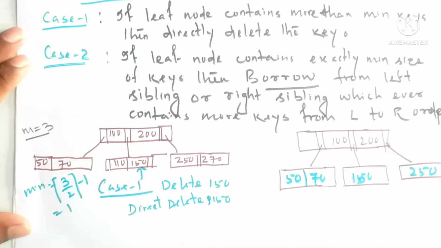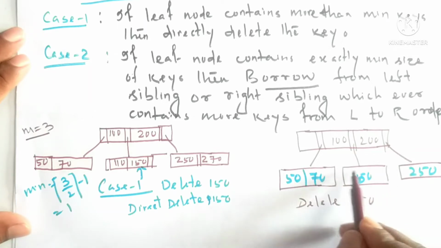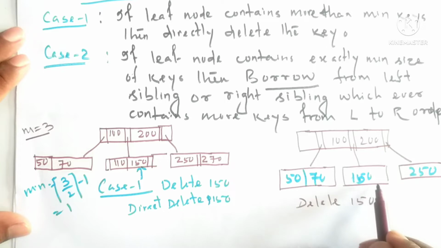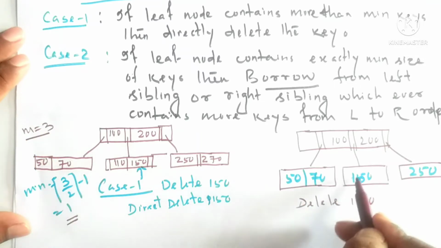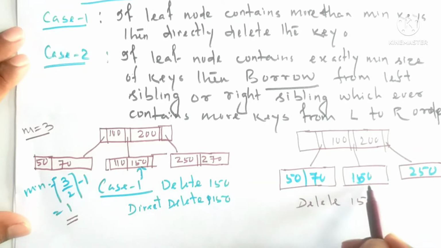Now if I ask you to delete 150, your second leaf node contains only 1 key. If the order is 3, the minimum keys should be 1, so I cannot directly delete 150.